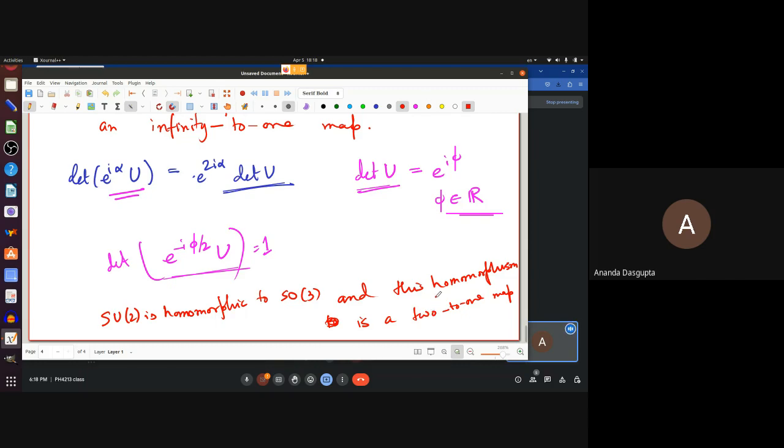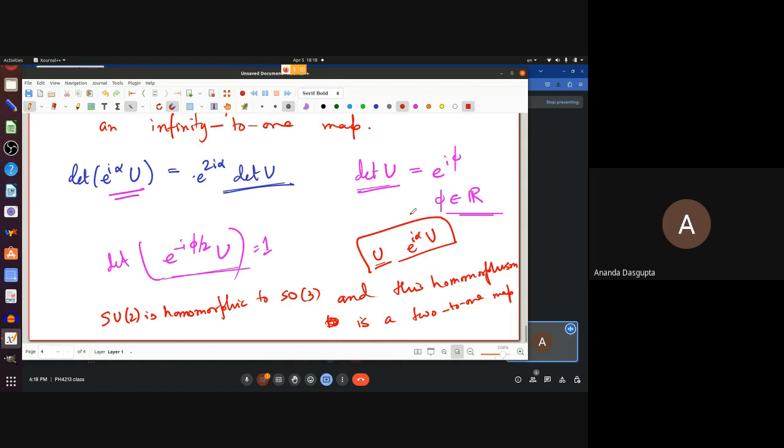Earlier we said if U works, then e to the i alpha U also works. That was okay because we were talking about unitary matrices. If U is unitary, e to the i alpha U will also be unitary. But now that we are specializing into SU2 matrices, if U is special unitary, e to the i alpha U in general will not be special unitary.